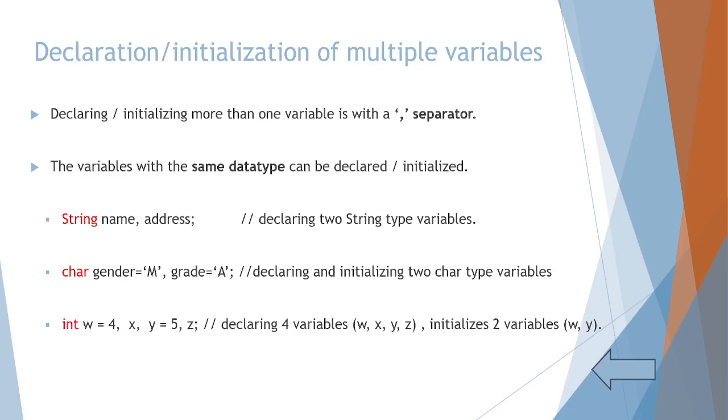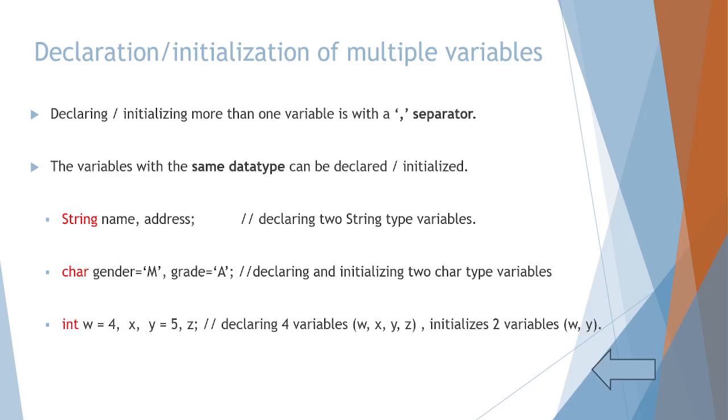So instead of writing string name semicolon, string address semicolon, we can write string name comma address, means two variables of string type. The second example, character, one character we can store. I need two variables. In the first variable, gender, I want to store either M or female, F. Grade is A. So two variables are declared as well as initialized with the help of a comma separator.